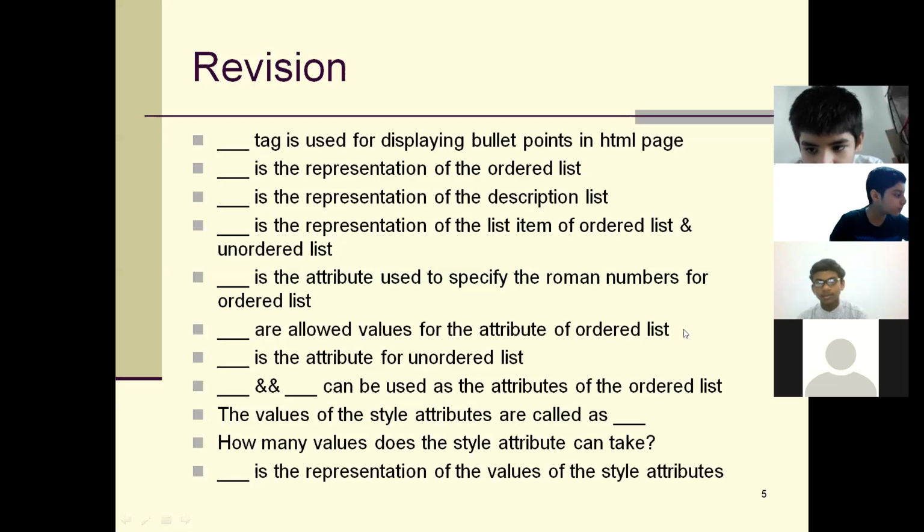Perfect. Style properties is the right answer. Good. So the point here is the values of the style attribute. We have multiple style properties, right? So for all those properties in the style attribute, we call them style properties.